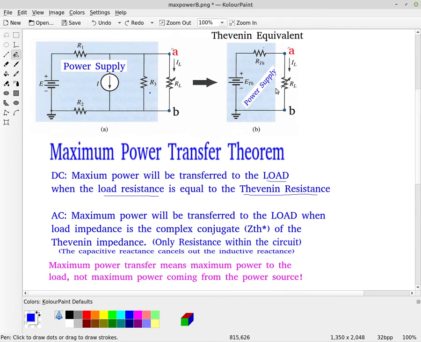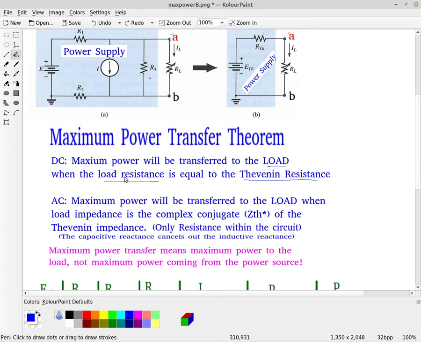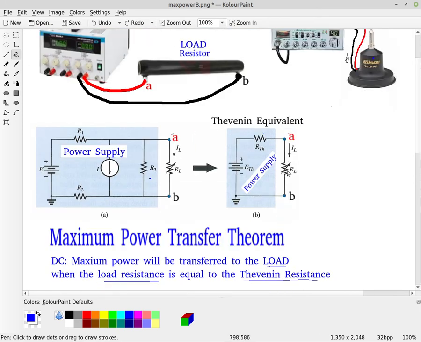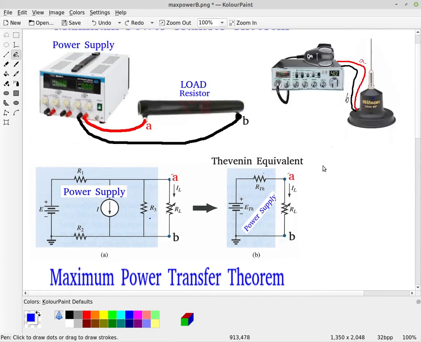We just have an E Thevenin with an R Thevenin resistance, and then we're going to add in a load resistance. Again, we need to match these: whatever our Thevenin resistance is, we want our load resistance to equal that. Sometimes it's referred to as impedance matching or load matching.